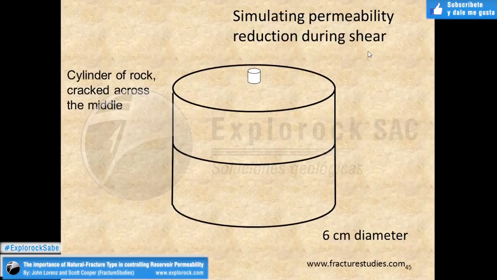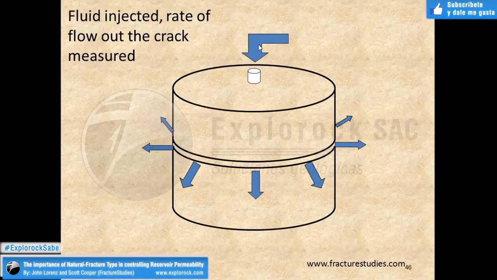At about 2 millimeters, however, of rotation, the permeability started to decrease. So as he continued the rotation, the permeability decreased, and here he's lost about 25% of the permeability in that system.